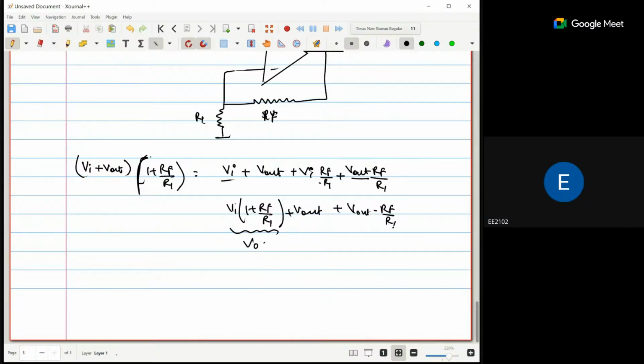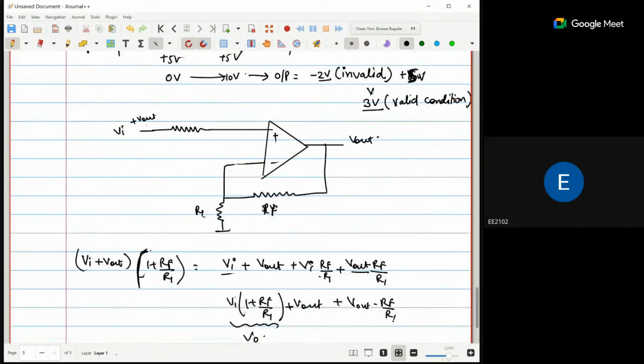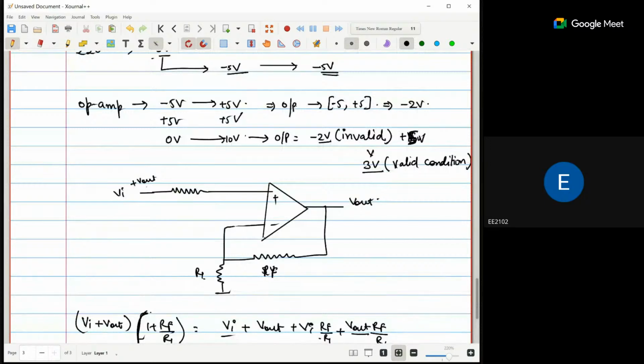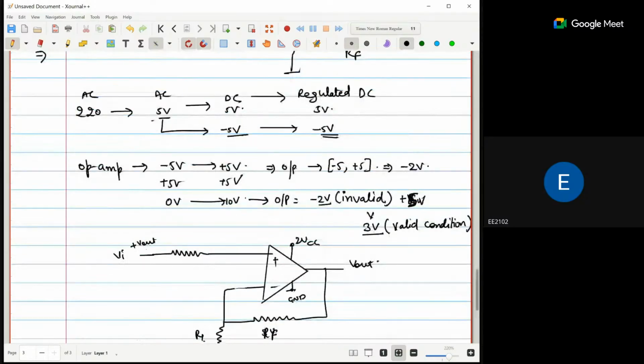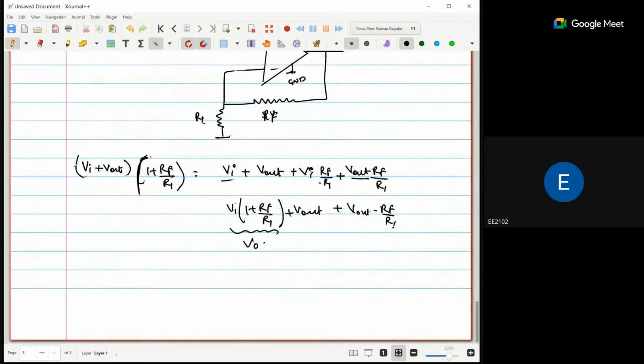Vout. Okay. To convert this output voltage into the valid state, what should I do? I have to add a Vout. So my Vout will be added in this one. So these two are the desired output.